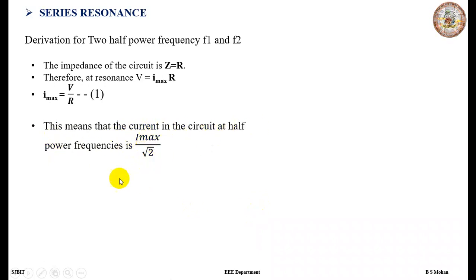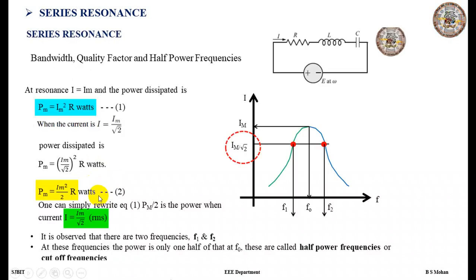We have seen in the earlier video that when we draw a plot for series resonance, we get maximum current at F naught, and we take the RMS value, minus 3 dB of the current. At that time it cuts the graph at two points, F1 and F2, and at that current the power is half.